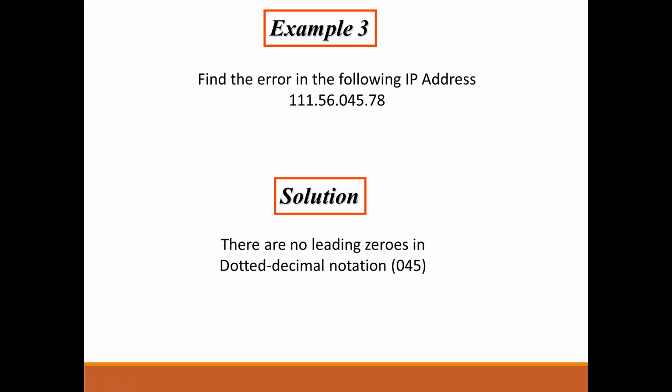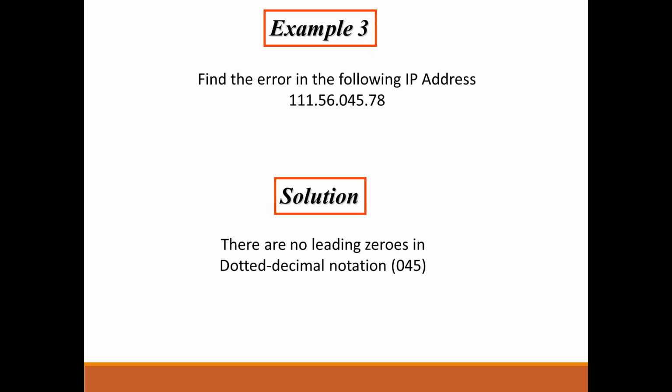Then example 3. In the third example, the question may be like this: find the error in the following IP address. The IP address is given to you, and they will ask some questions. Find the error in the following IP address.